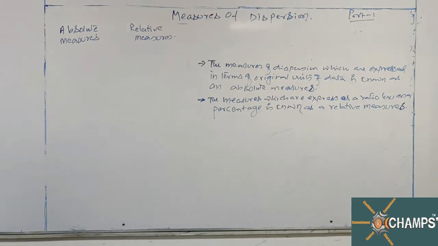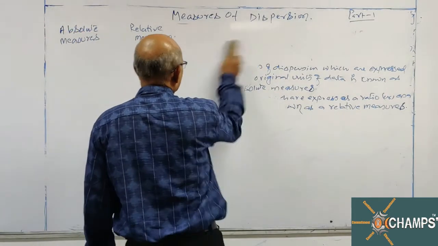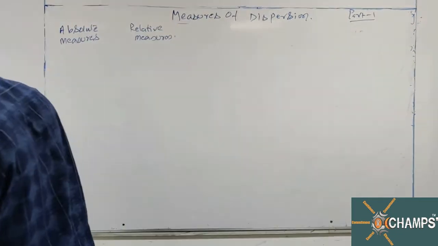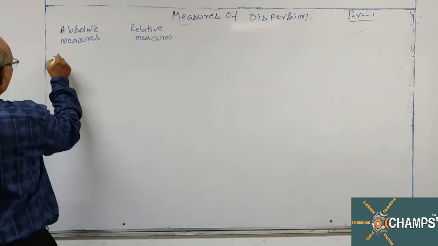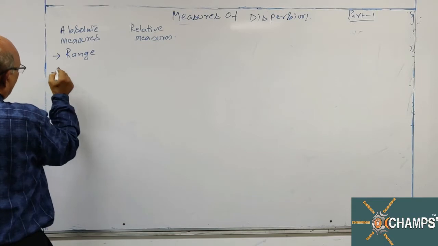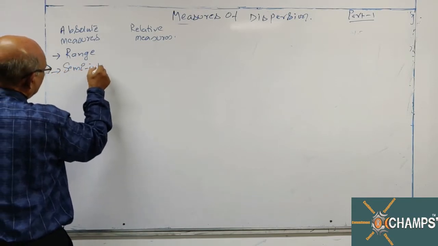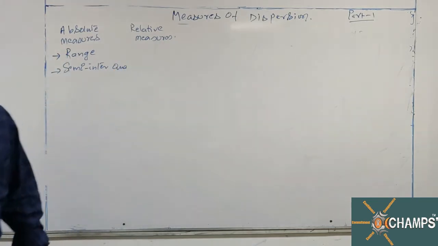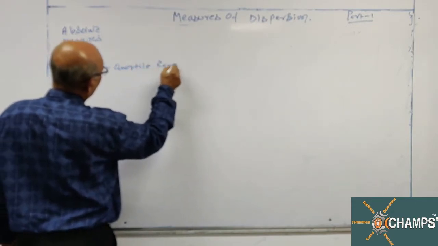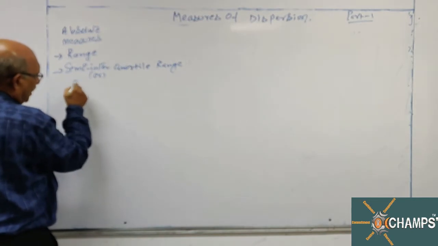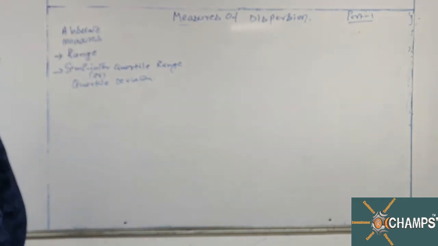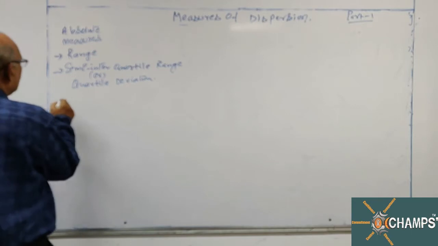Absolute measures: first one is range, second is semi-interquartile range or quartile deviation.